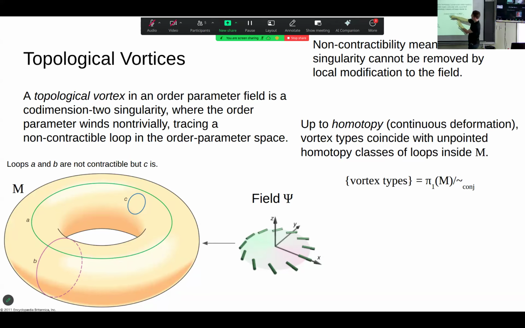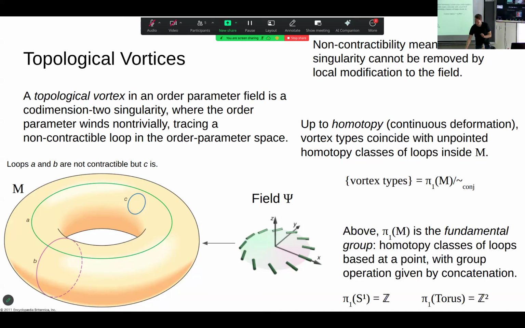Okay, so there's a formula for the vortex types where this is the so-called fundamental group, and then you don't really take the fundamental group, but you take the elements there up to conjugation. It's kind of like matrix conjugation, but in general groups. Where the fundamental group just means you look at all the loops, the homotopy classes of loops, starting at a single chosen point.